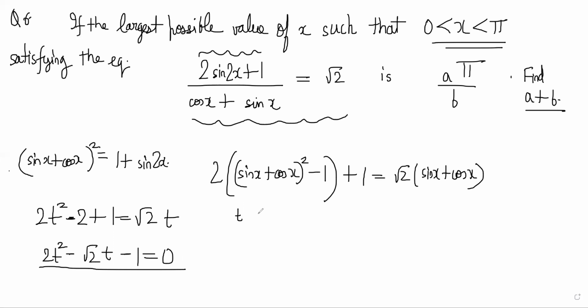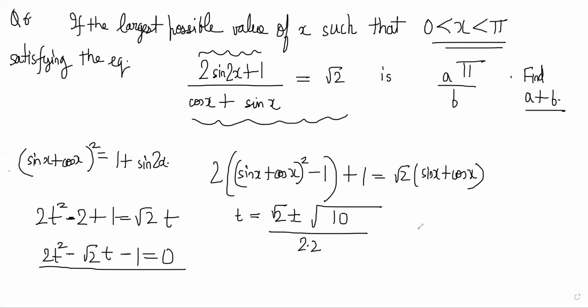t will come out to be plus root 2 plus minus root of 2 plus 8, which is 10, over 2 into 2.